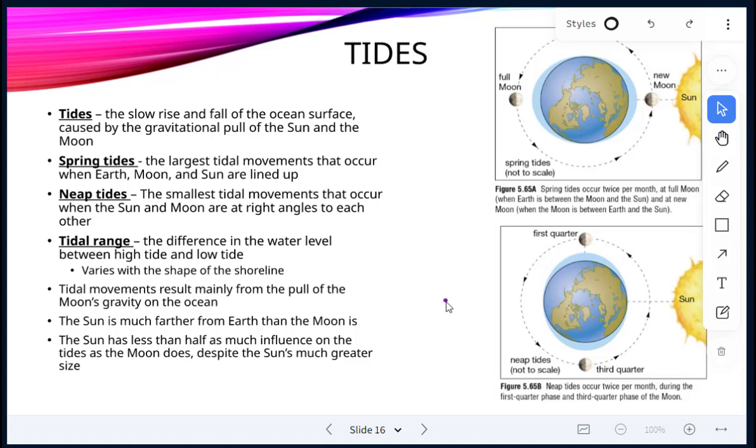Those spring tides that we talked about occur twice per month at full moon, when Earth is between the moon and the sun, and then at new moon, when the moon is between Earth and the sun. And neap tides occur twice per month during the first quarter phase and the third quarter phase of the moon.